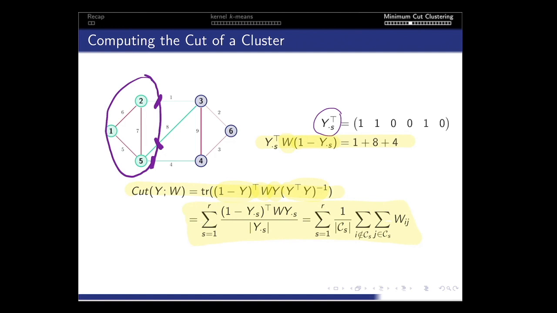And then you see here that we sum up all the edge weights which are between cluster C_S and the index i, which encompasses all indices which are not within cluster S. So this is then the cut, the sum of all edges which we would have to cut if we cut cluster S, and then we normalize here with the number of points within cluster C_S.